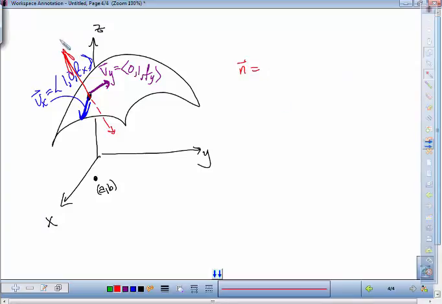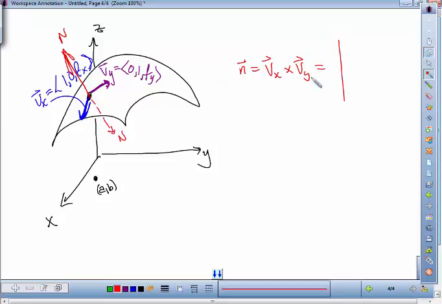One of these is what we're going to find, and we'll decide which it turns out to be after we cross it. I usually have a preference for this, but pick one. I'll let you guys pick. Vx cross Vy. I'll tell you if that was the one I wanted. It doesn't matter.